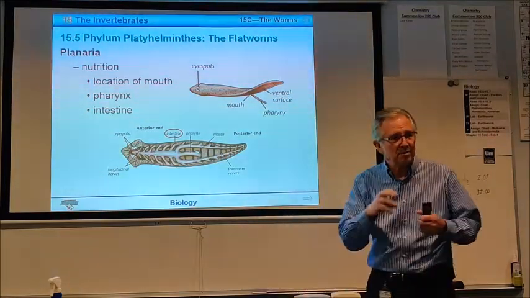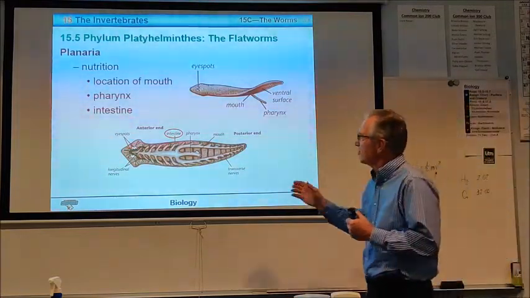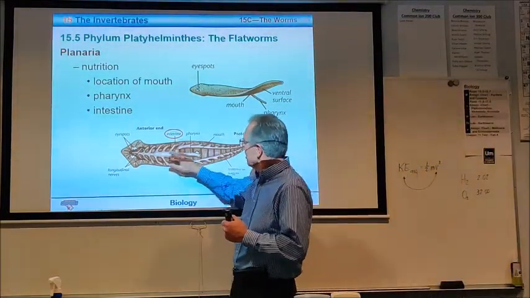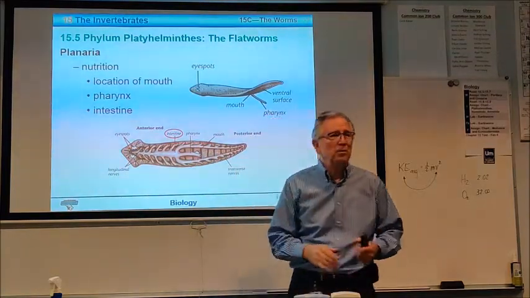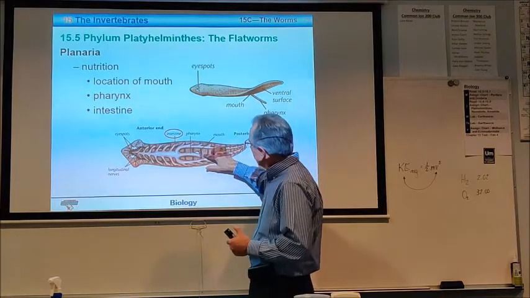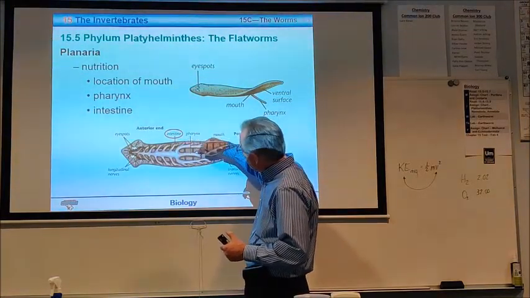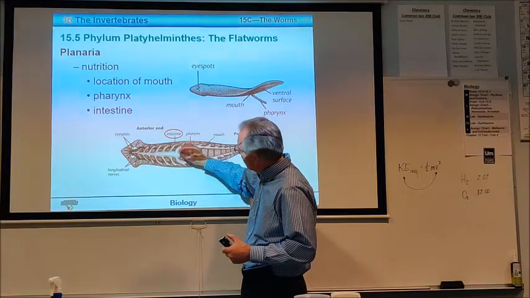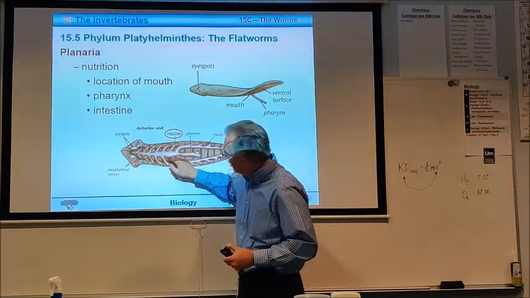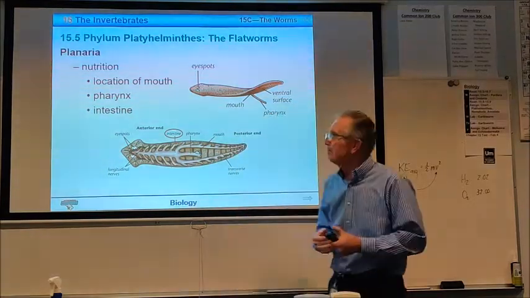Okay, so this is quite different than what we've talked about up to this point. They actually have a structure whose job is to digest food. They do have an intestine. So they stick this pharynx down through the mouth opening and suck up the food particles that move around inside here, and they get digested.